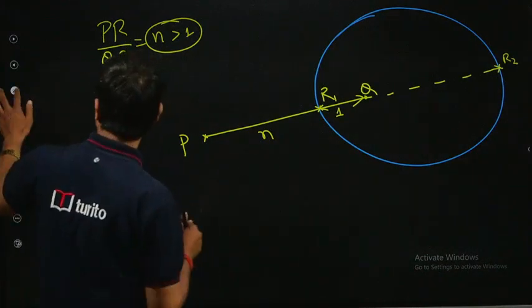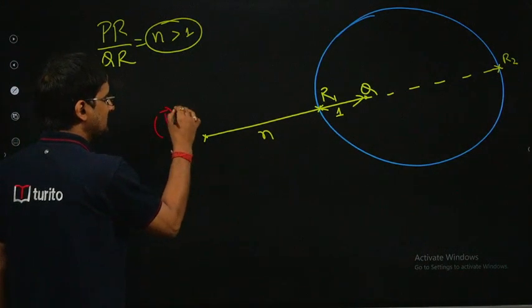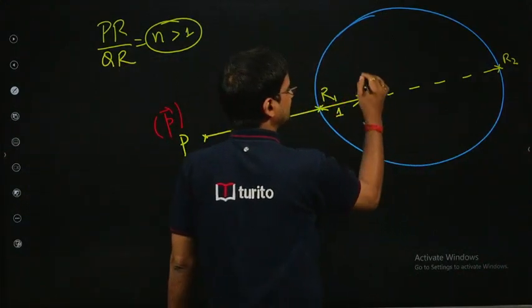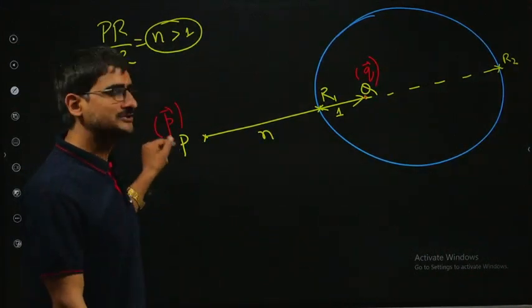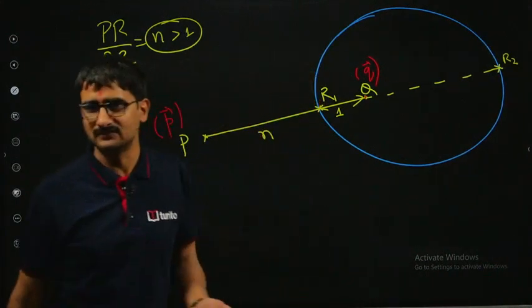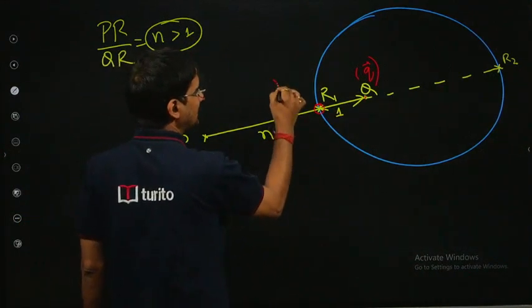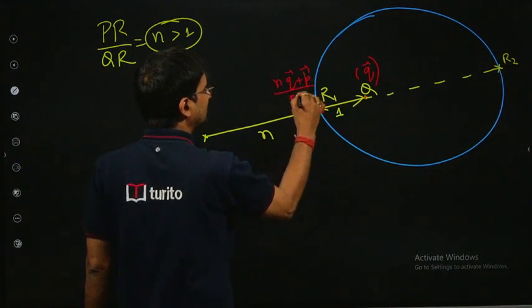Now see, to prove it, what I did, related to the center, either we go for the coordinate form, but I preferred here the vector form. So I just assume the position vector. I believe you all know it, isn't that? So position vector of point P is given by vector P, and position vector of point Q is given by vector Q. So we can have this, which is nothing but n vector Q plus vector P upon n plus 1, using the section formula.